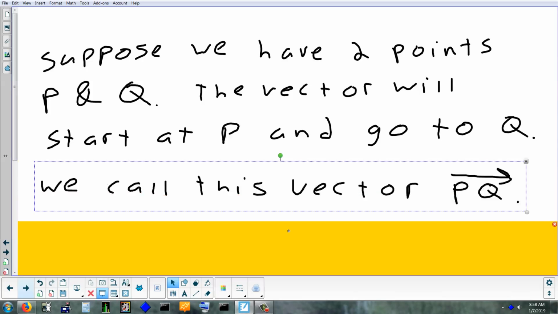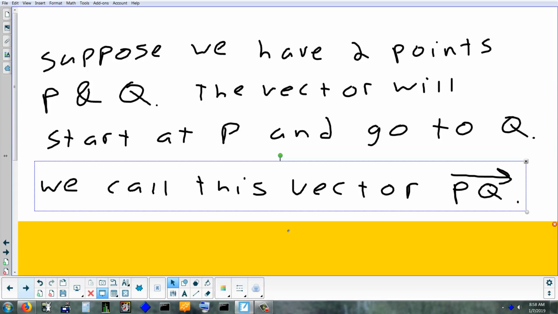So that arrow on top is just there to tell you that what's below is a ray, not necessarily that it points to the right. And the order you put the letters in is important. You don't just put them in alphabetical order. The first letter is where you start, the second letter is where you stop.